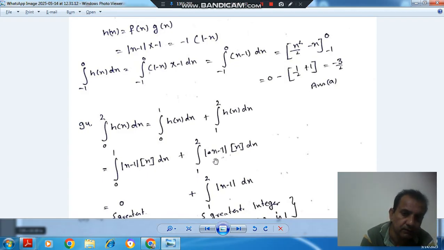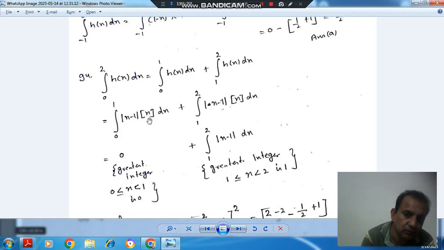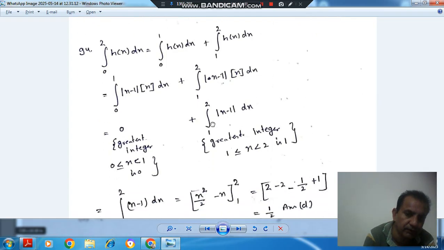Between the limits of 0 to 1, the greatest integer is 0, so this value is 0. And here the greatest integer is 1, so it will be 1.